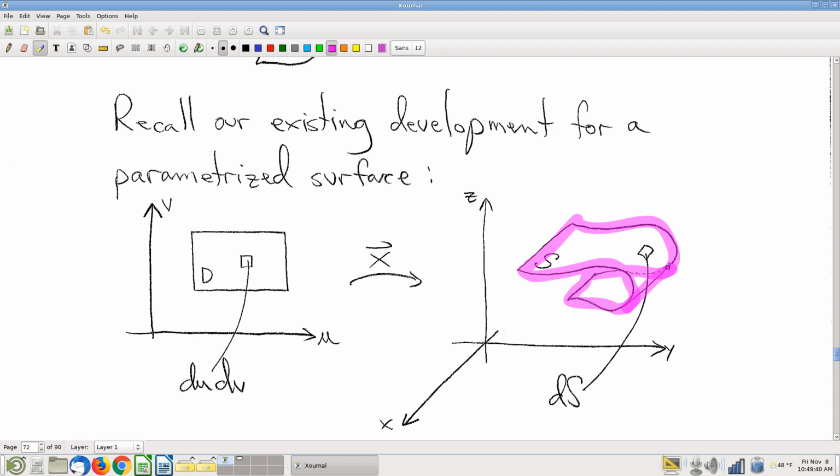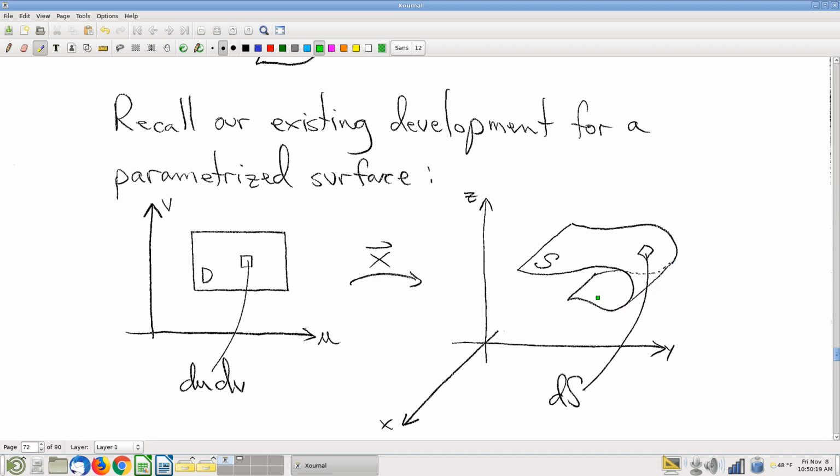Our strategy for dealing with things that are dimensionally awkward is to parameterize them, to view it as an image of something more desirable, like a rectangle in the plane, and then take the integral that we have on the right-hand side in this highly undesirable domain and just pull back through the parameterization. So the pullback through the parameterization is going to turn an integral on the ugly purple domain into an integral on this lovely little yellow domain, which we like much more. Okay, so that is something we've already done.